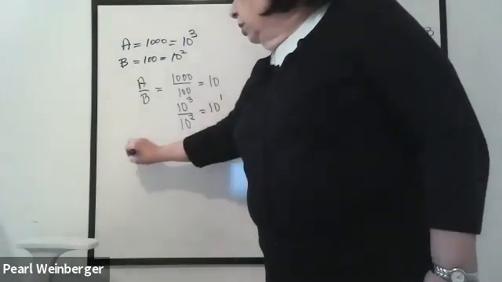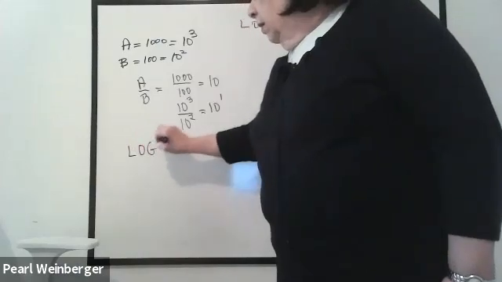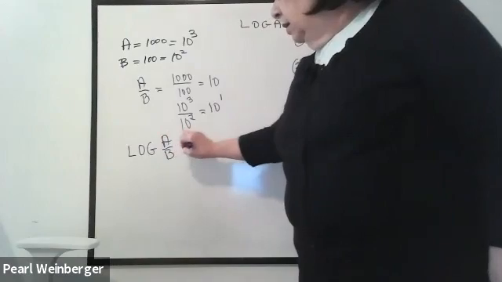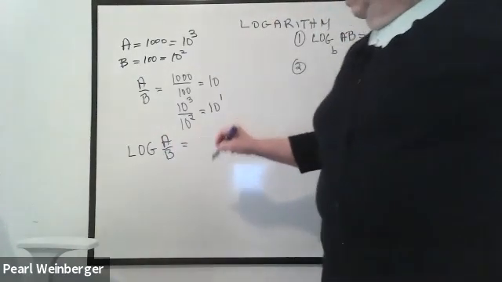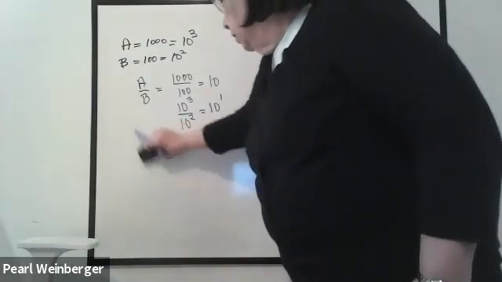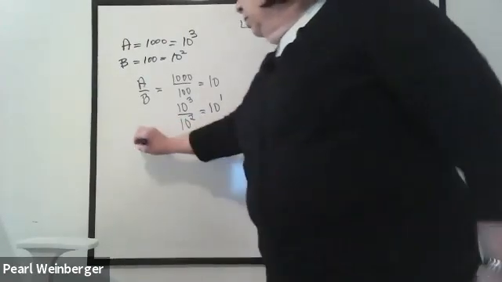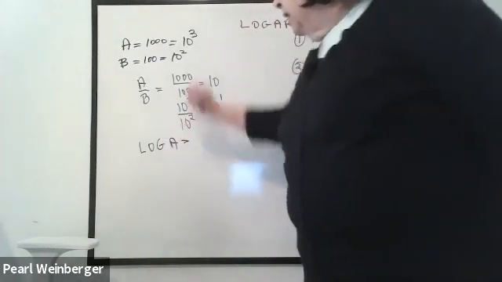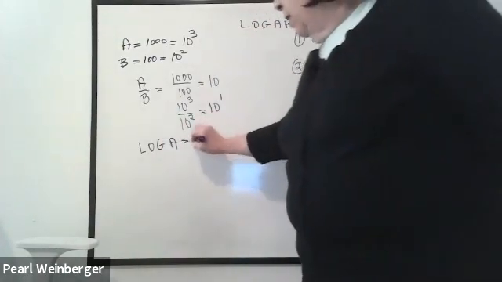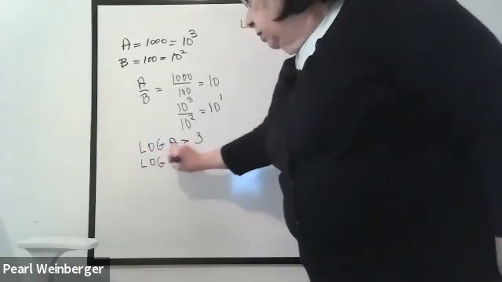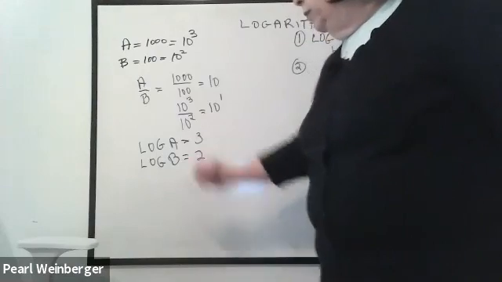In other words, if I do the log of A divided by B, let me go back the way I did it with the other one. If I remember, the log of A was the 3. The log of B was the 2.